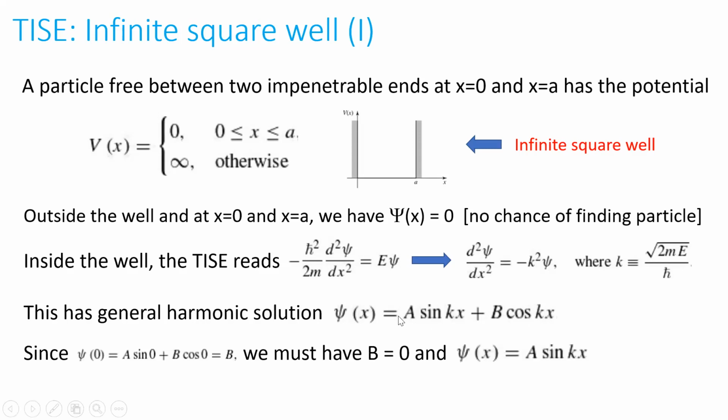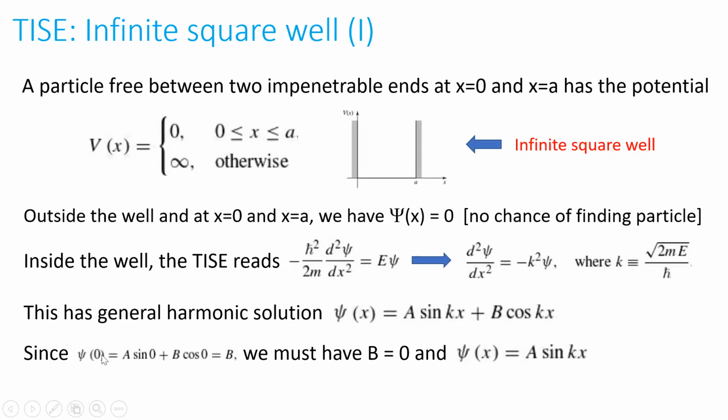Okay, so let's see if we can narrow this solution down a little further. Since we know that psi at 0 has to be 0 because the particle can't be at the boundary or outside the boundary, psi of 0 would be plugging in 0: a sine of 0 plus b cosine of 0. But sine of 0 is 0, cosine of 0 is 1, so we just get it's equal to b.